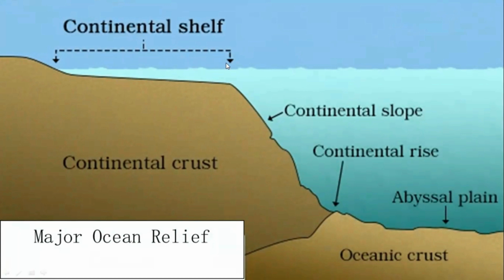Maybe because of some earth movement, the land has subsided, it has come down to the sea level. When it comes down, the sea will obviously encroach into that part, giving rise to this continental shelf.